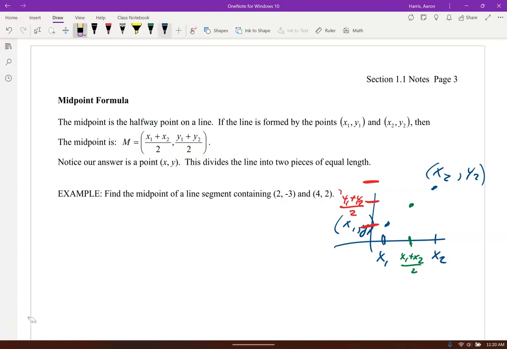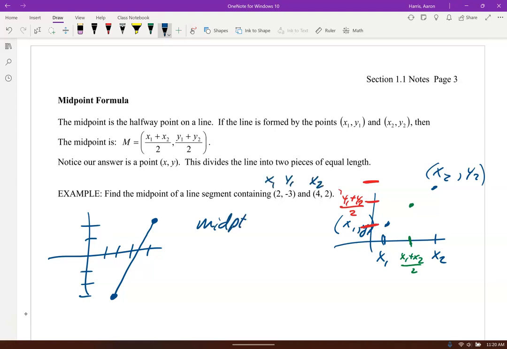Okay, so let's use the midpoint formula to find the midpoint between 2, -3 and 4, 2. Let me just graph this. So I name it x1, y1, x2, y2, and the midpoint is x1 plus x2 divided by 2, and y1 plus y2 divided by 2.